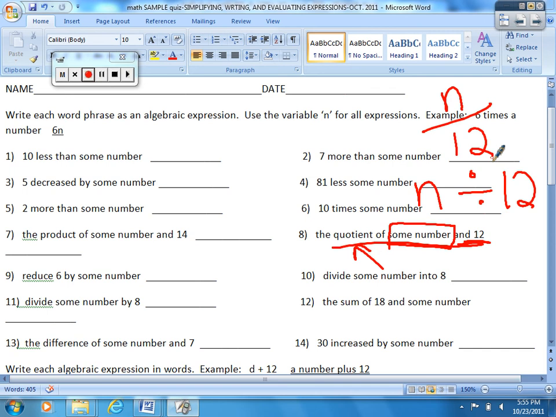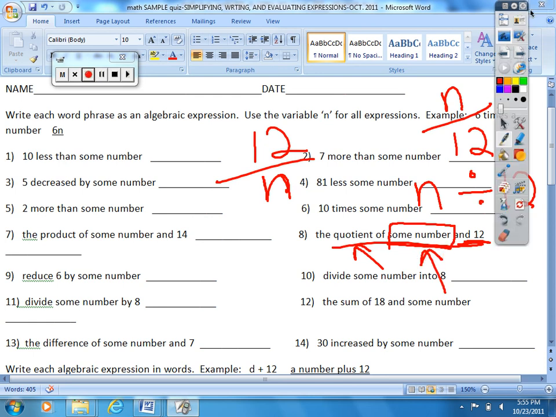You say, why does it matter? Well, here's the issue. Which one is correct? This is the quotient of some number and 12. Could it be here? Well, technically not, because that is the quotient of 12 and some number. So whichever one comes first in these cases, you put them first. Now, same way with the word difference.